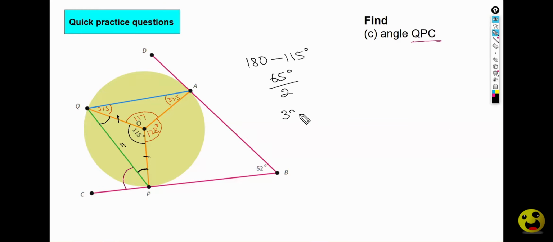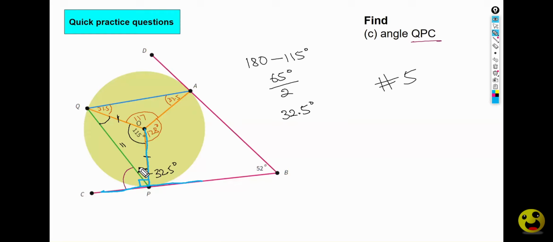I'm getting 32.5 degrees. Now, this angle is 32.5, but they didn't ask us to find this angle, they asked for the purple angle here. Do you all see rule number 5 there? Let me highlight it for you all. The angle between a radius and a tangent is 90 degrees.